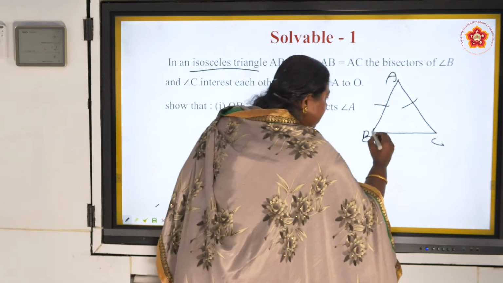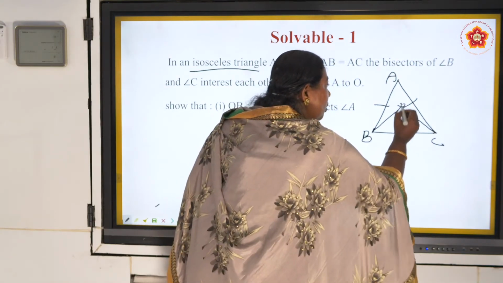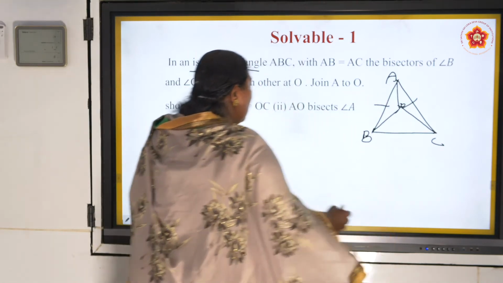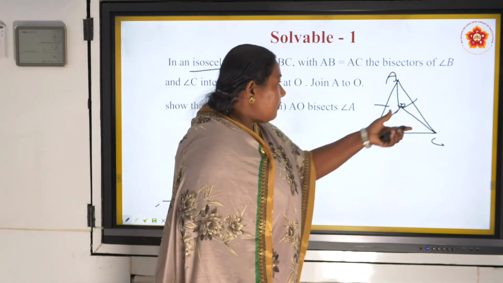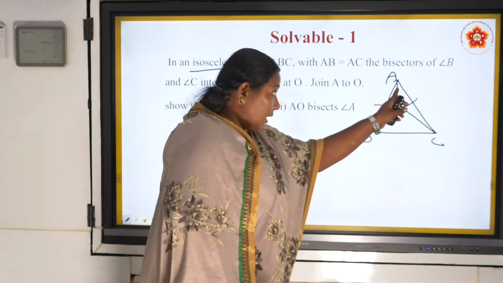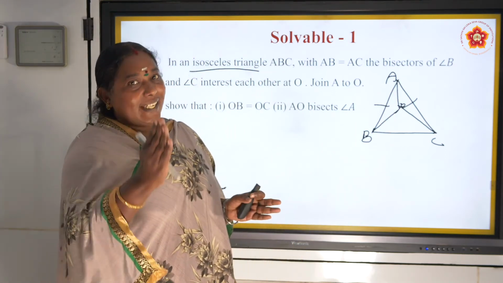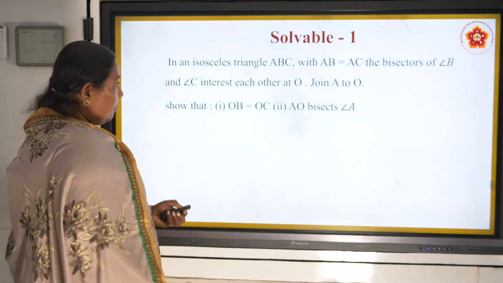That means there is a line drawn through each angle and they intersect at a place called O, and if I join AO there, then I have to show that OB is equal to OC, and I have to tell that OA is not a simple line, it is a bisector line. Okay, so let us start the proof.